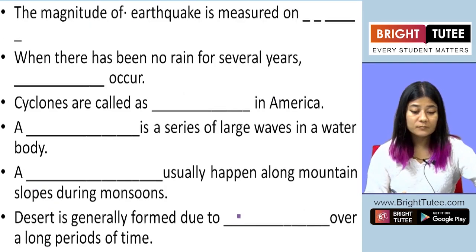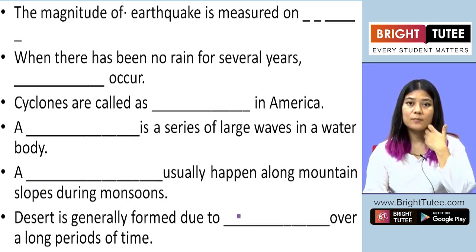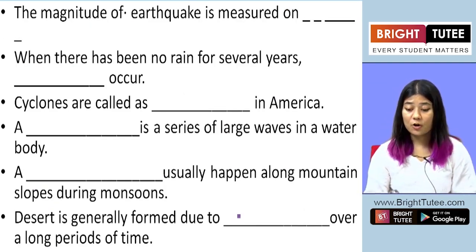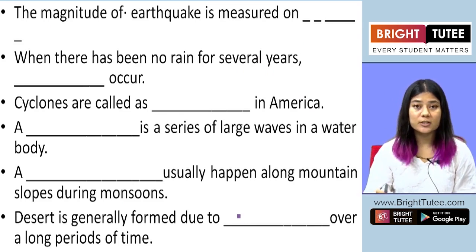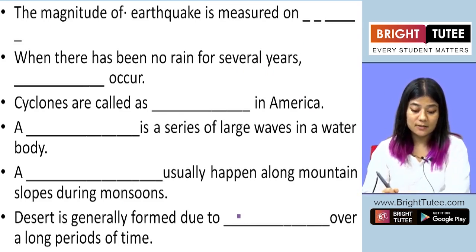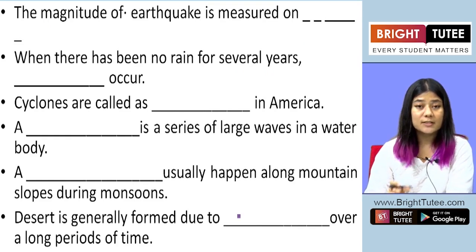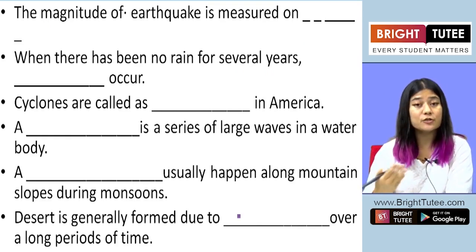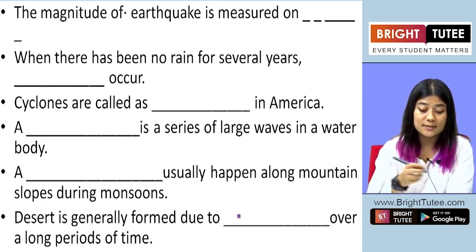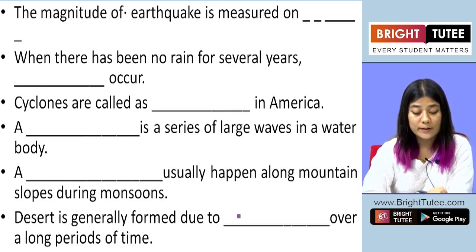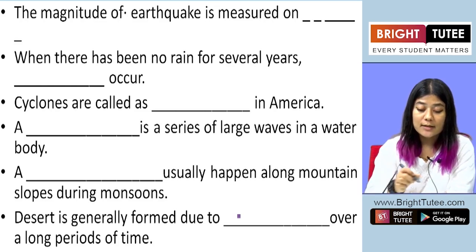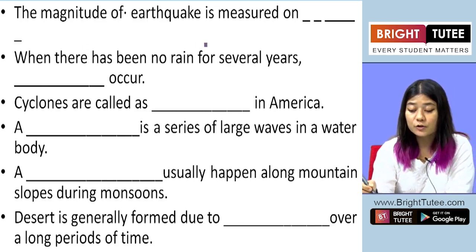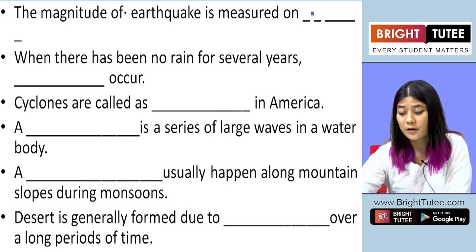Okay. Now with that we have come to the end of this first topic, and here we have some questions that we'll now discuss. First, a couple of questions are fill in the blanks. The blanks need to be filled with correct answers. So let's look at them one by one. The first question: the magnitude of earthquake is measured on Richter scale.